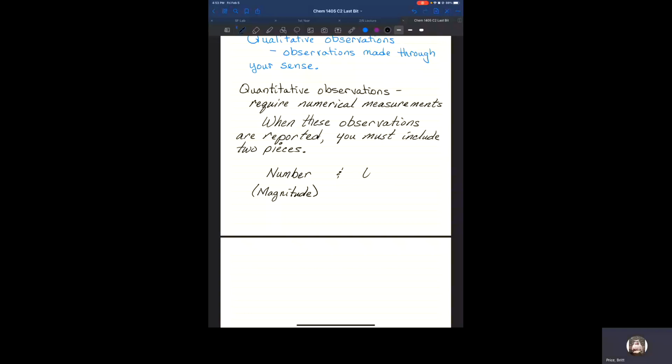The second piece, you must include a unit. The unit gives you context. The type of measurement.